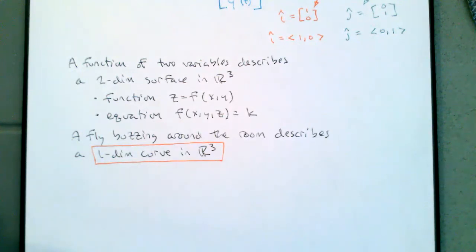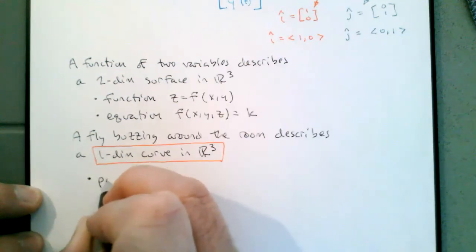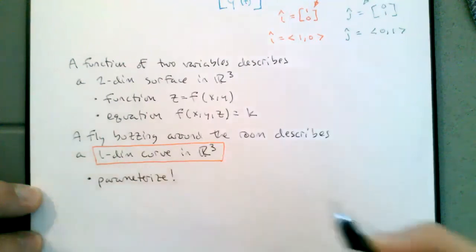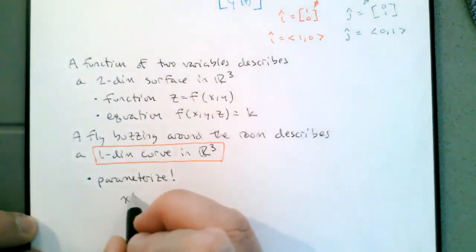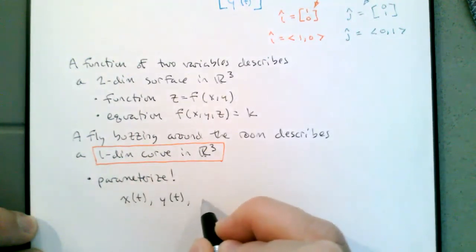So when we describe a fly buzzing around the room, we can describe a one-dimensional curve in R3. And to do that, we'll just define the x, y, and z coordinates separately. So we parameterize. But instead of just x and y, we identify the x coordinates, the y coordinates, and the z coordinates.